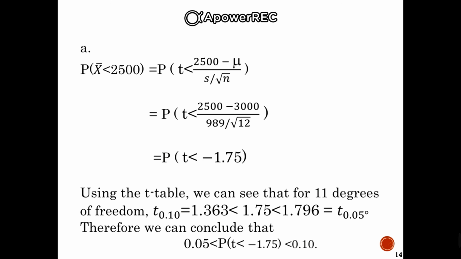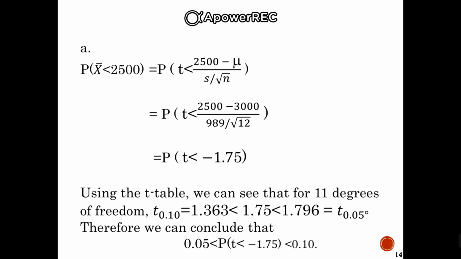So in solution B, let's say that the sample mean is less than 2500. So the probability of T less than 2500 minus mu over s divided by the square root of n equals P of T less than 2500 minus 3000 over 989 divided by the square root of 12, which equals P of T less than negative 1.75.